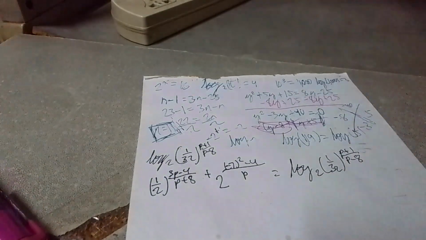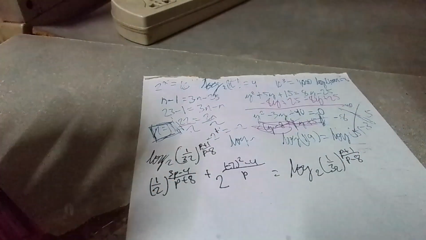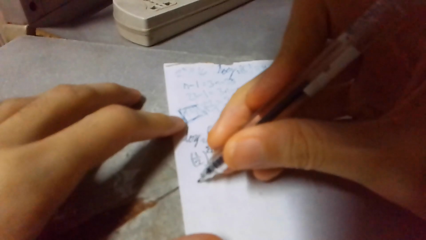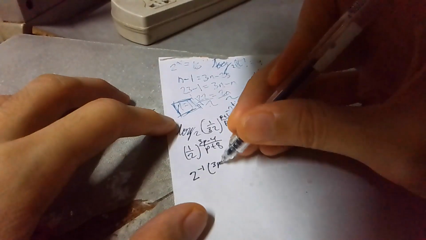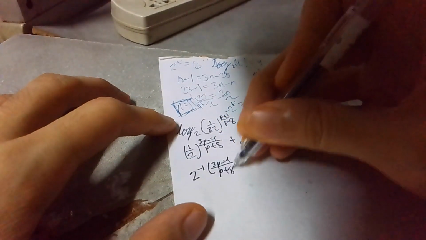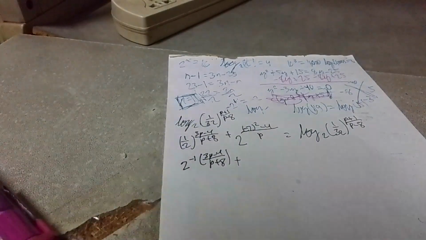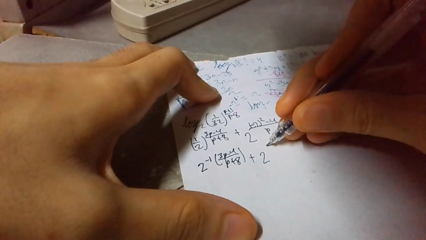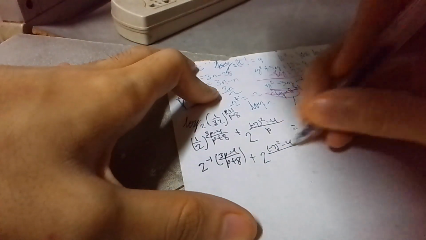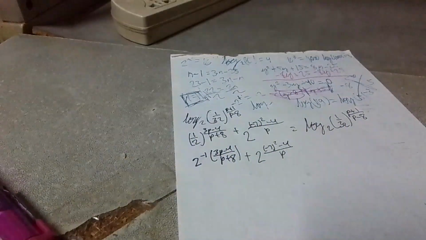So let's rewrite this again. Rewriting this, you get 2 raised to the negative 1 times 3p minus 4 power divided by p plus 8 plus, what's the second one? Just the same. 2 raised to the negative 7 squared minus 4 divided by p power.